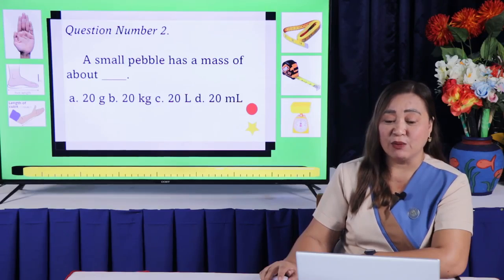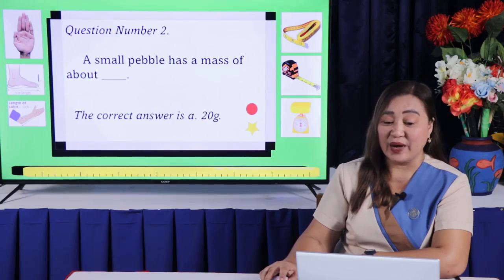Again, a small pebble has a mass of about blank. A, 20 grams. B, 20 kilograms. C, 20 liters. D, 20 milliliters. The correct answer is A, 20 grams.